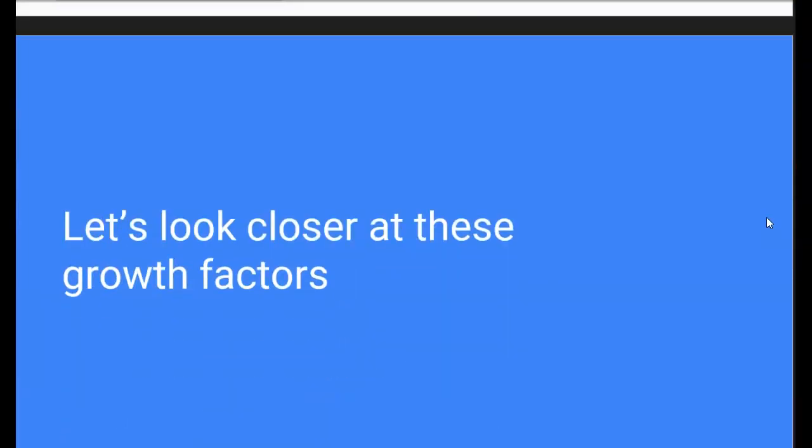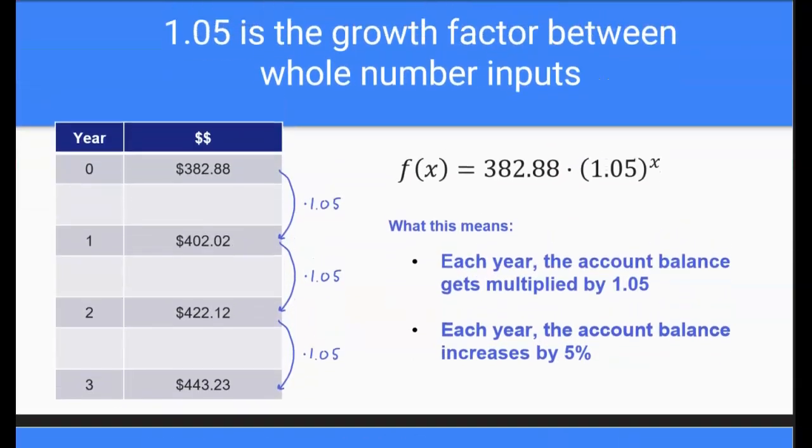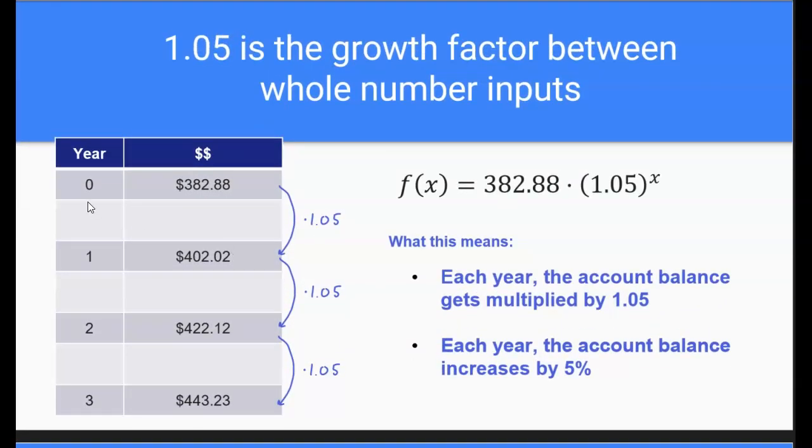So let's take a closer look at these growth factors. We said that 1.05 was our growth factor when we're jumping by whole years. So we went from year 0 to 1 to 2 to 3, and we multiplied by 1.05 because the percentage interest rate was 5%.